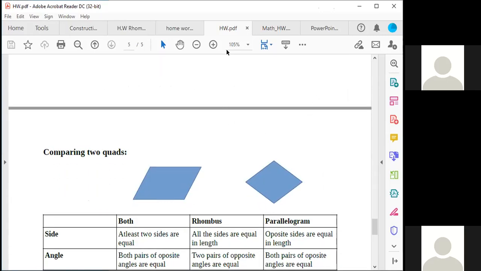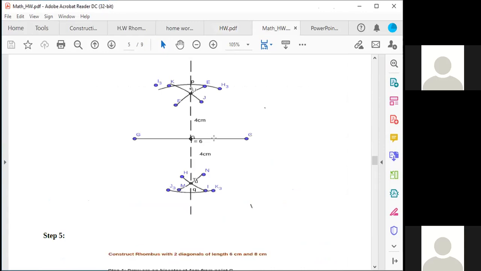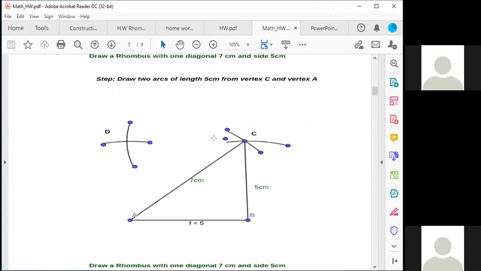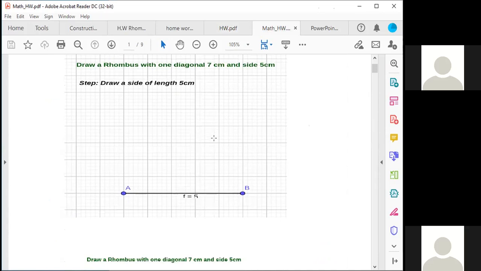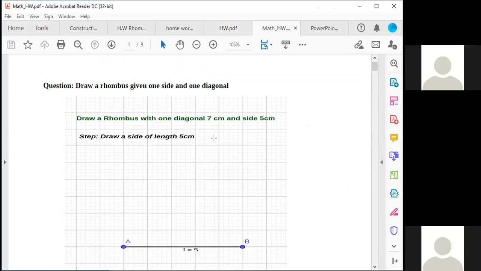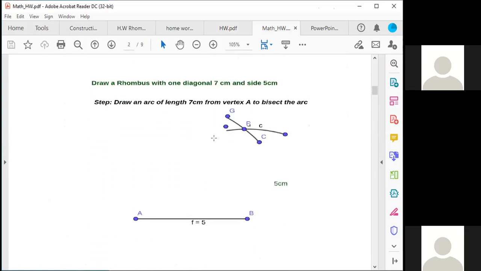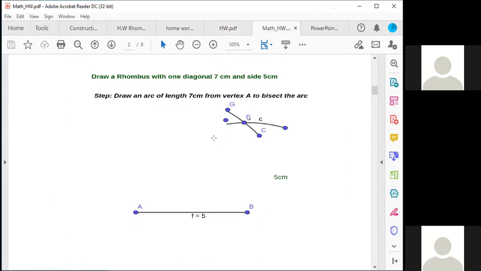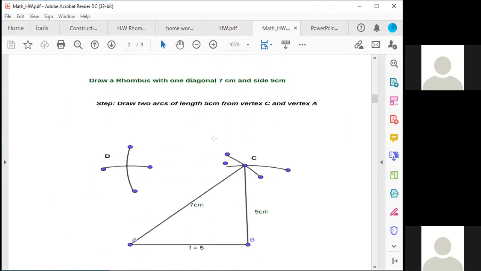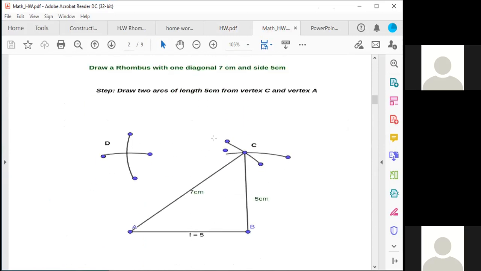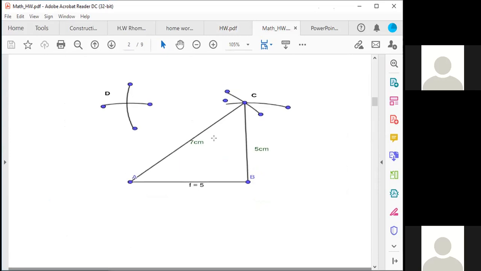Now this one is again diagonal and side, and again similar. The comment I have regarding this is, can you tell me what is wrong with this picture?